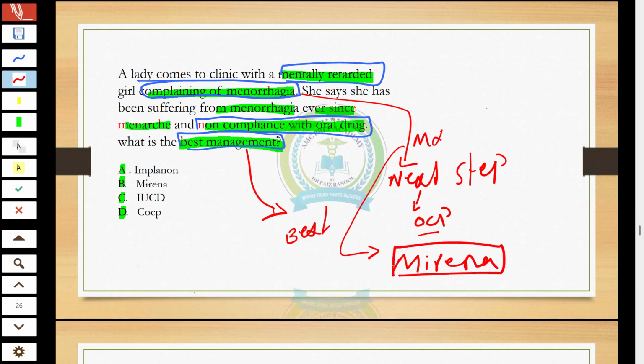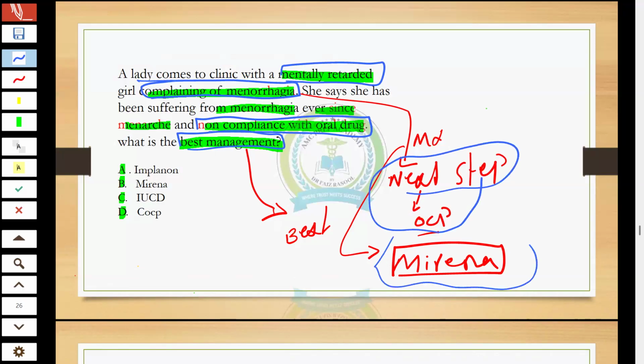Years of management, like 3 to 5 year management, we will go with that. So these types of questions you will face during exam, and exactly this question was in my exam as well. So if asked about the next step, you will go with OCP. If asked about the best, you will go with Marina.